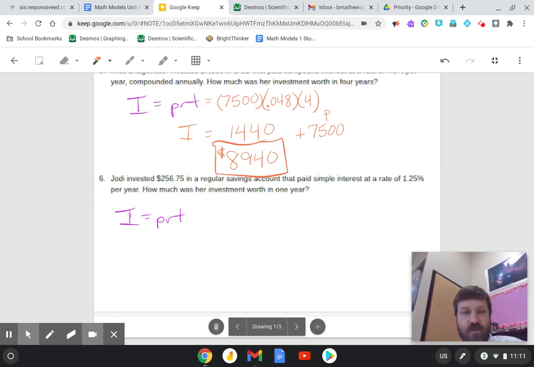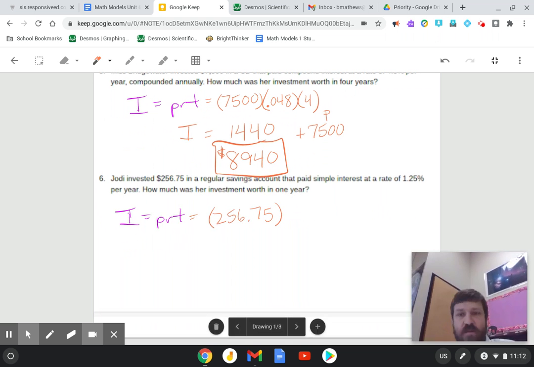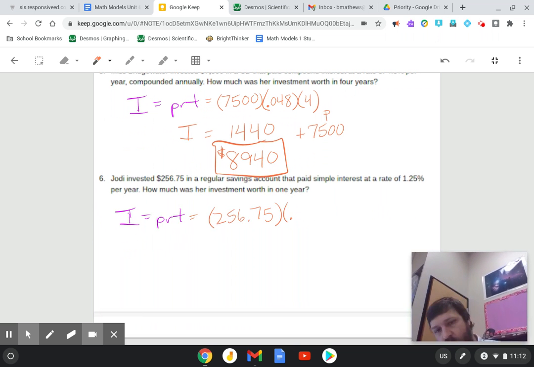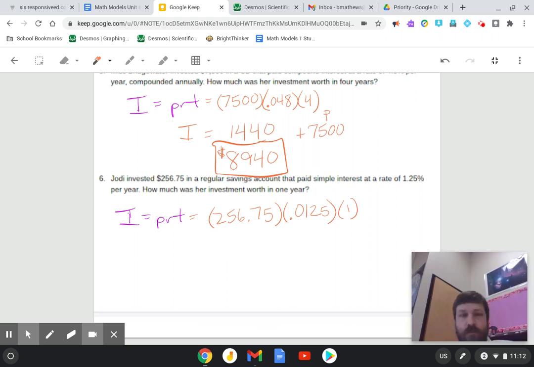All right, number 6, Jody invested $256.75. That's our principal. It pays simple interest, so we're using I equals PRT, simple interest at 0.0125 or 1.25%. And how much will it be worth after 1 year?